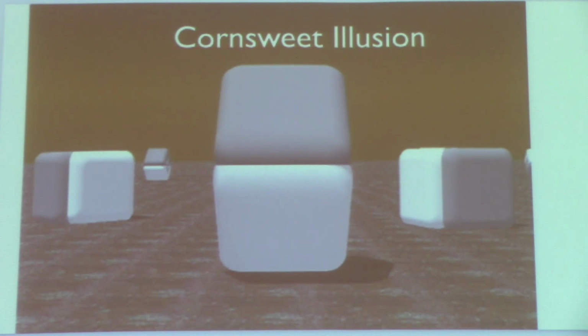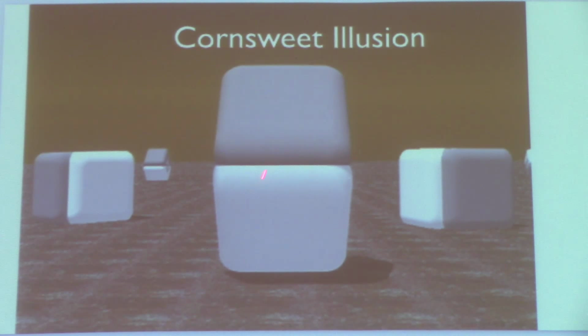Yeah, we had this corn sweet illusion and other illusions. Here our brain automatically computes the lighting. We understand the situation: the lighting is probably coming from the top, so the top cube should be darker in its actual color, because we expect the lighting to come from the top and we expect more of a shadowy environment here.